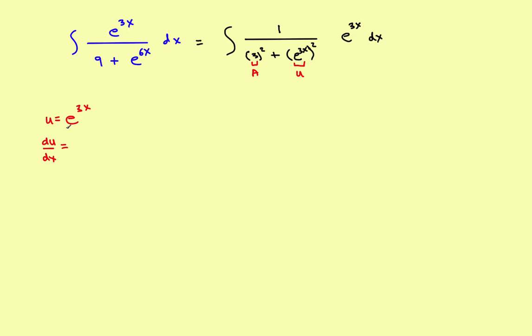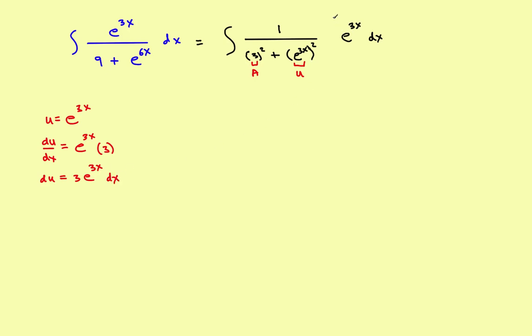Now the derivative of an exponential function is the original exponential function times the derivative of its exponent. So this will be e to the 3x times the derivative of the exponent, which would be 3. Now I'm going to take the 3 and move it in front, which will get me to this. The differential of u would be equal to 3 e to the 3x, and then I'll put the dx right here.